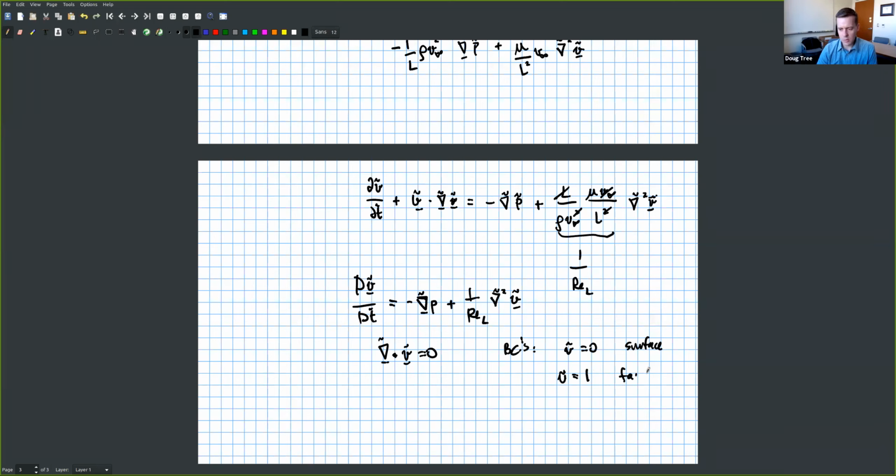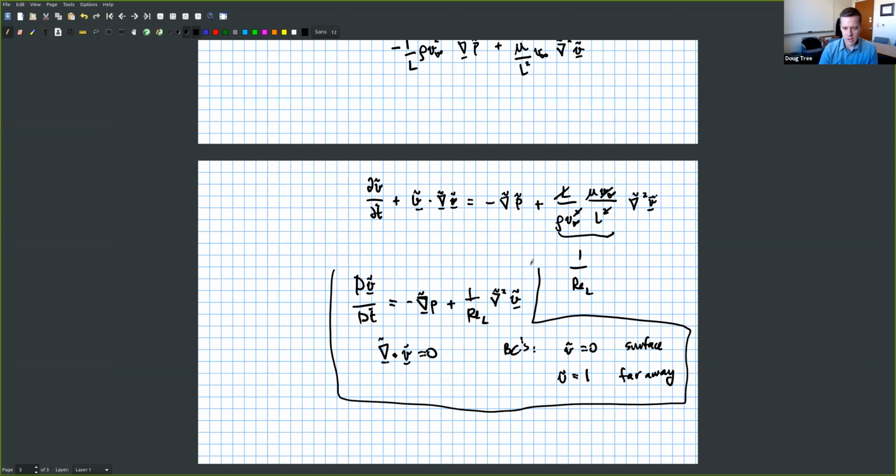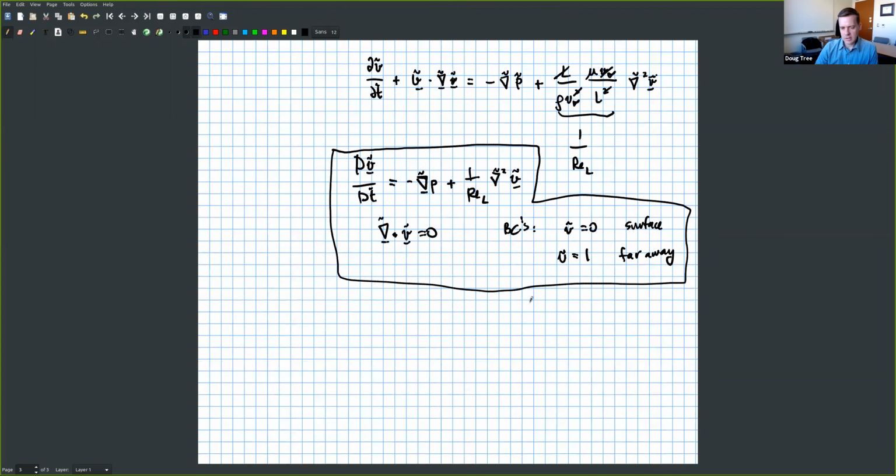And so now we have a 1 far away. Okay, so now we have our dimensionless set of equations that we can solve. Any questions about how I got to these dimensionless equations? That should be pretty straightforward, right?